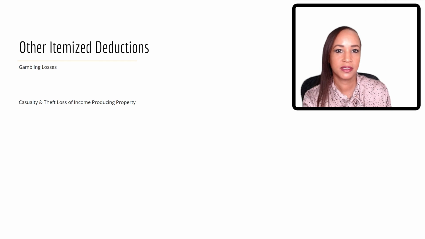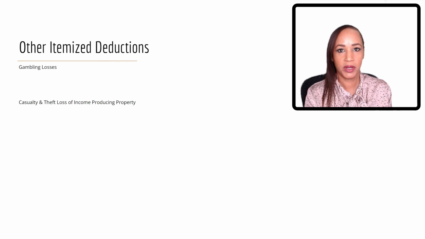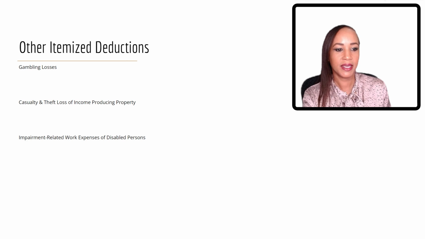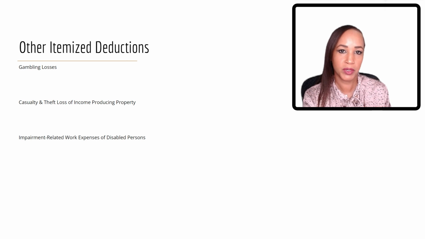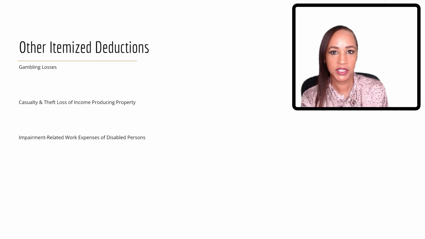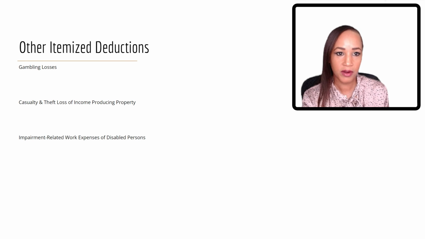Typically, though, it's a deduction that you would take with that income producing property, being that it is a business property, right? So we may actually go ahead and deduct that over there. And any impairment related work expenses of disabled persons are deductions allowable under other and available for you to itemize.